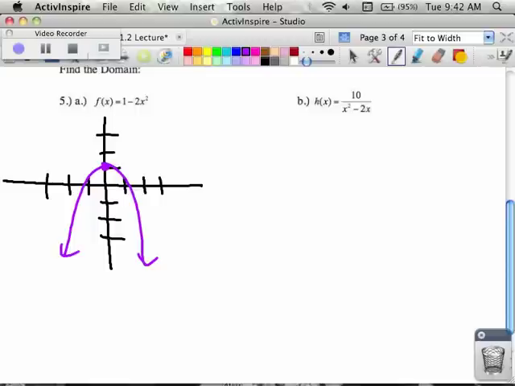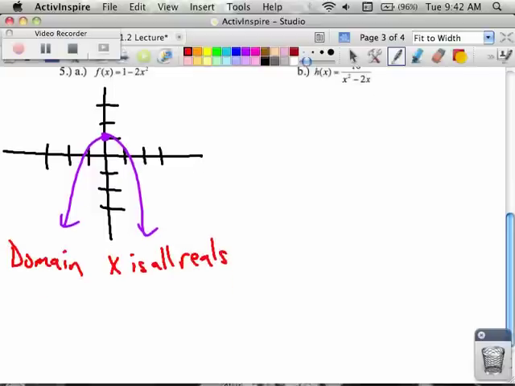So for your domain, what I would tell you is that your x is all reals. Now, if you wanted to write it in interval notation, you could do this.